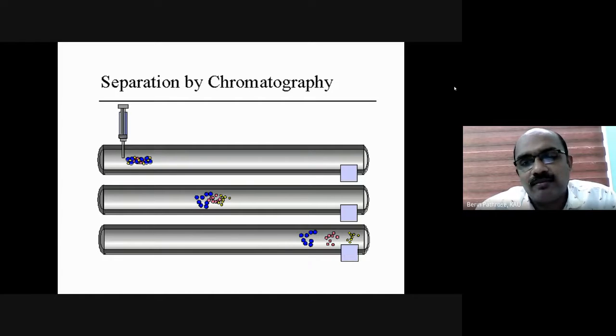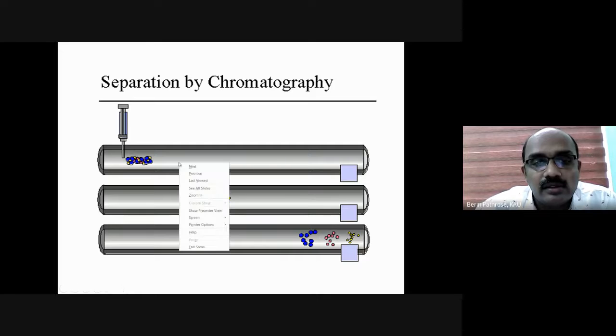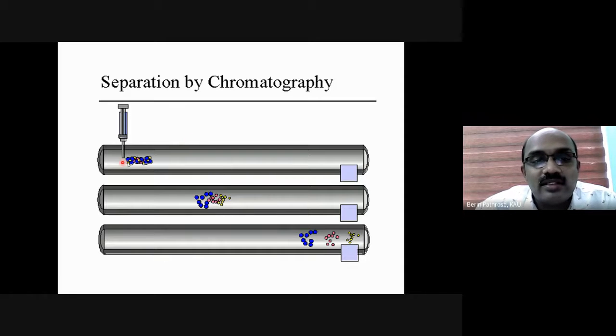So this is the thing. This is the stationary phase. We are introducing the mixture of compounds over here, and we will be allowing the mobile phase to move from here to here.